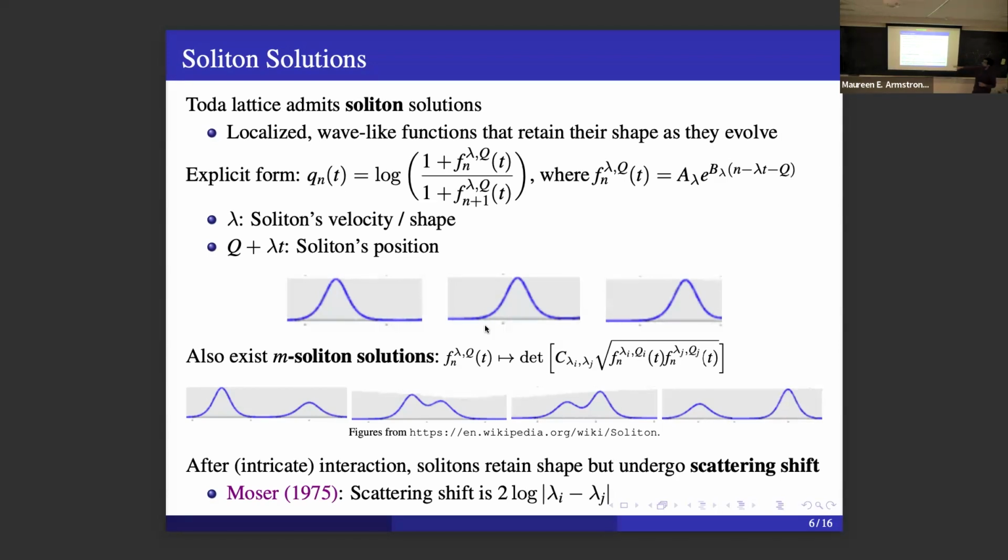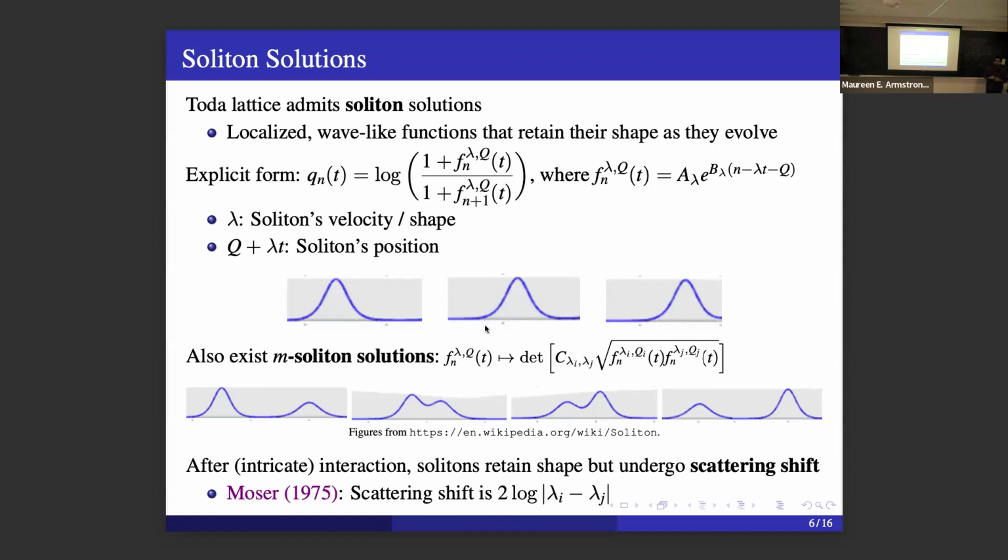Each plot is a new value of t, so this is maybe t equals 0, this is t equals 10, this is t equals 20. This is not a probability density. It's just the plot of Q. Q is a function of n and t, so imagine t is 0, so it's a function of n, and this is just its plot in n. Does that make sense? Yes, thank you. Any further questions?